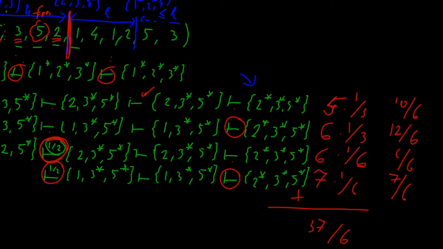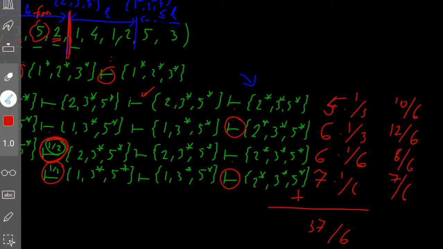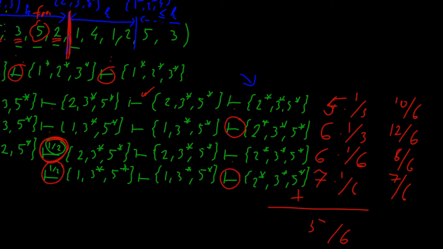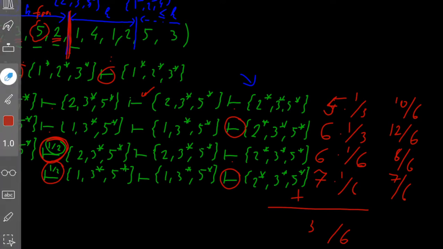Now that's slightly larger than 6, which means that I made an error here, because this sum is 13, so it's 35. Okay. So it's just 35/6. Yeah, right.